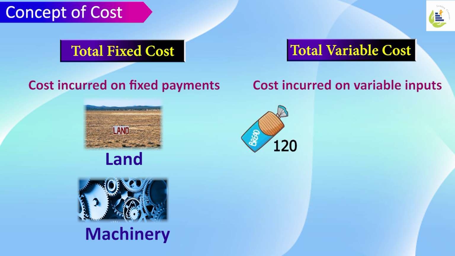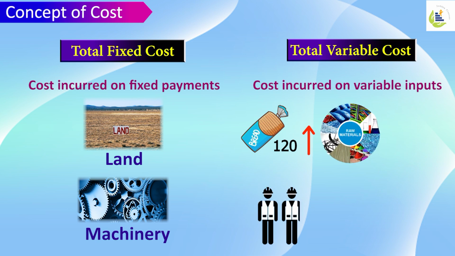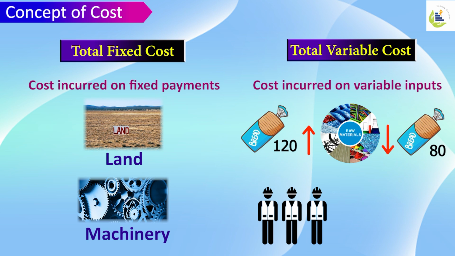Let's say today I made 120 packets, so my raw material will be more. I'll require 3 laborers. Tomorrow I'll make 80, so my raw material will be less. My number of laborers will be only 2. So what do you understand? These laborers and this raw material vary. They are not fixed. That's why we call them variable cost.